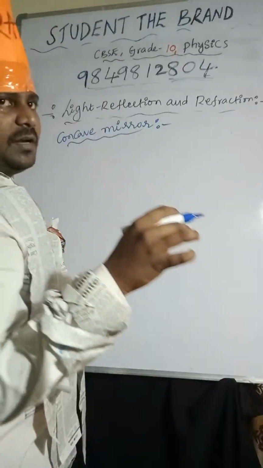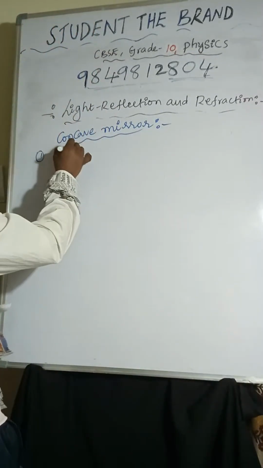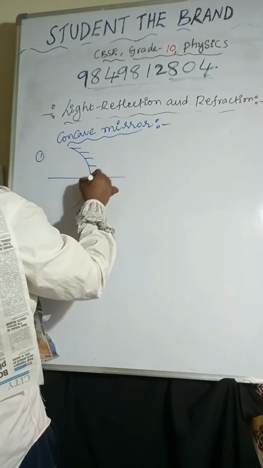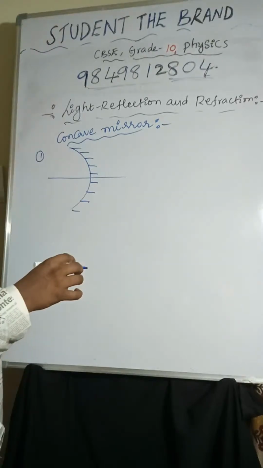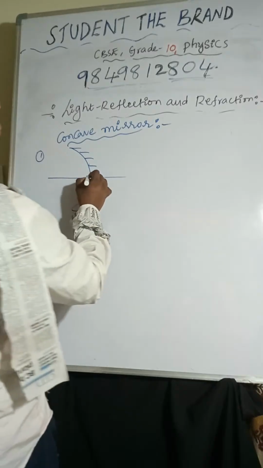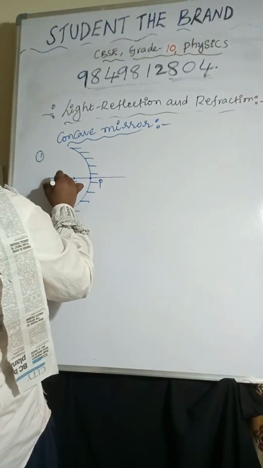Concave mirror image formations. First, I'm taking the concave mirror like this. Pole, focus, center of curvature.